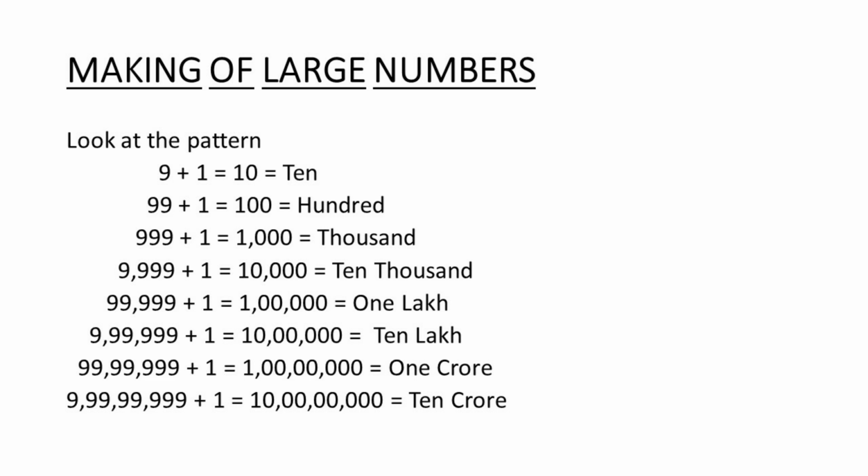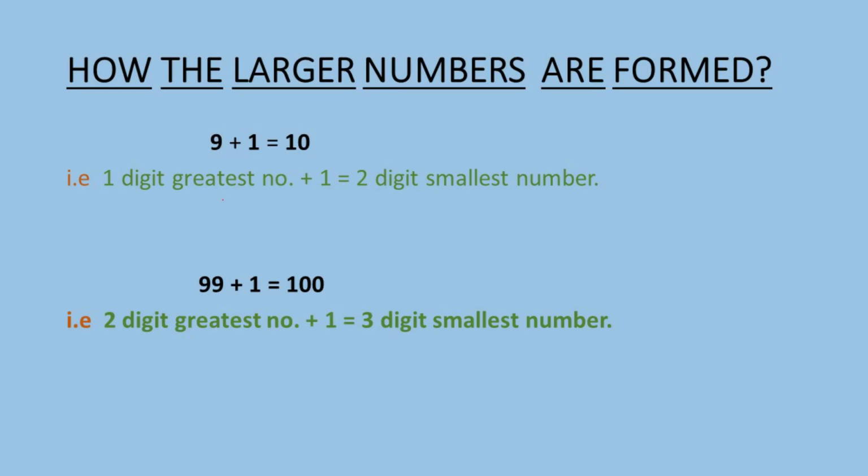Now in the last pattern, we have taken an 8-digit greatest number and added 1, so you have got a 9-digit smallest number, that is 10 crore. So children, you can understand the formation of large numbers with the help of the example provided on the screen.